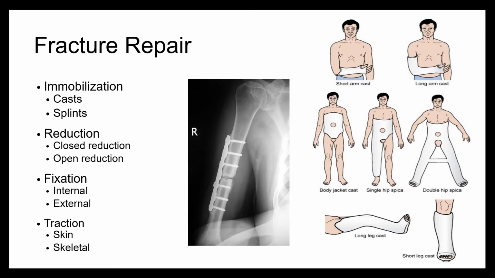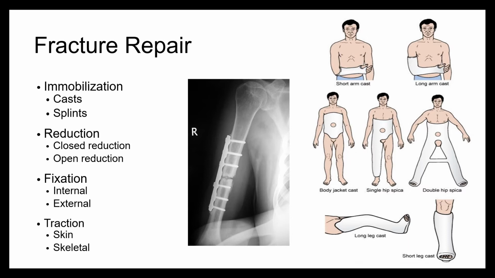When it comes to the reduction of a fracture, this can be done two ways. We can do a closed reduction method or an open reduction method. With the closed reduction method, the physician is going to use a non-surgical realignment to return the bone to its previous anatomic position. They do not make a surgical incision.